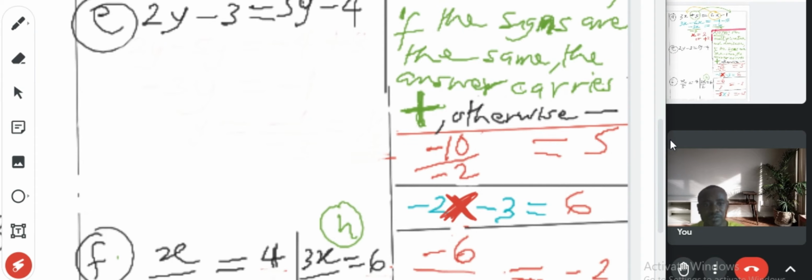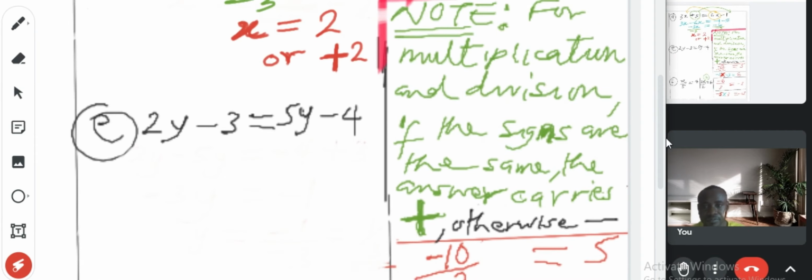What do we do? You move the 2y to the other side. Say that again. You move the 2y to the other side. Why not move all of these ones to this side? It can work too. You can move 2y to the other side if you like, or you move 5y to the left hand side.